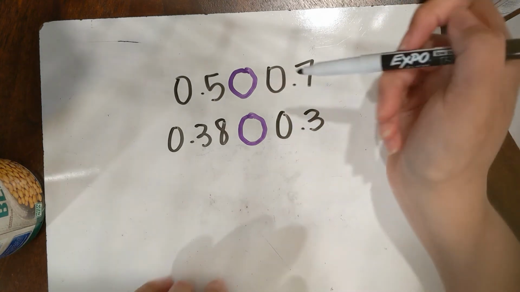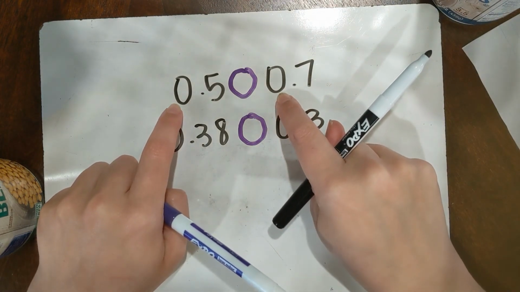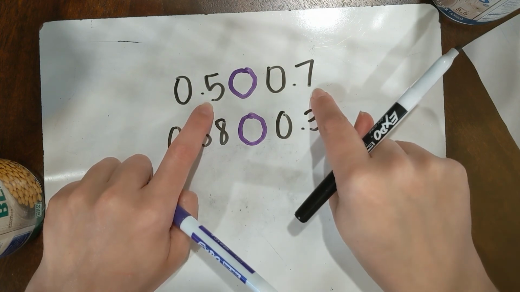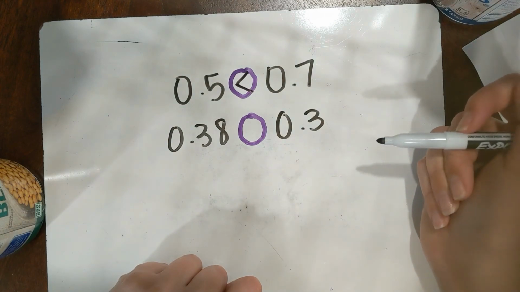Got them? Okay. So largest place is the 1s, nothing there. They're the same, so we move over. We have a 5 and a 7. We know that 7 is bigger than 5, so 7/10 is greater than 5/10.